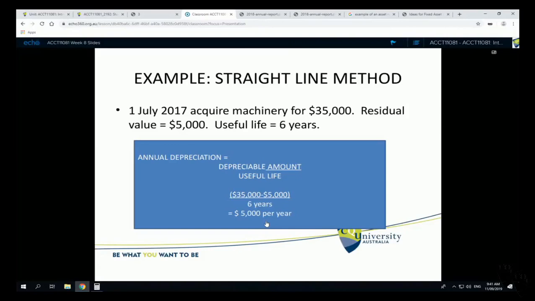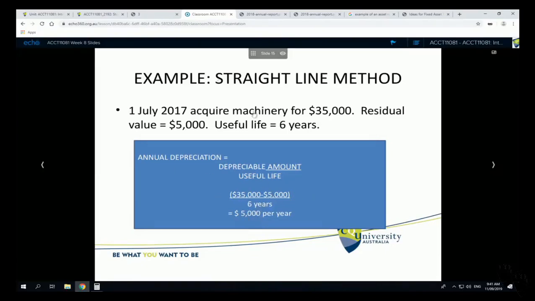So if you are doing depreciation on a month-by-month basis, you would divide the $5,000 by 12. So you get it per month, and then you could depreciate on a monthly basis. If you depreciate daily, you would divide it by 365 or 366 if you're in a leap year, and then you would depreciate every day. So just bear in mind, this figure that we've calculated is for the full financial year, just to make life easy with introducing these concepts.